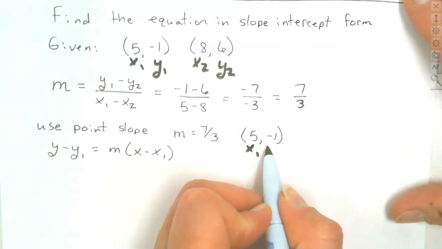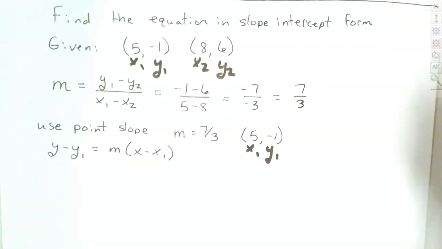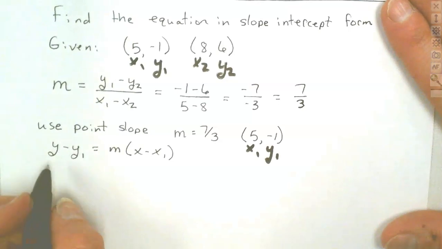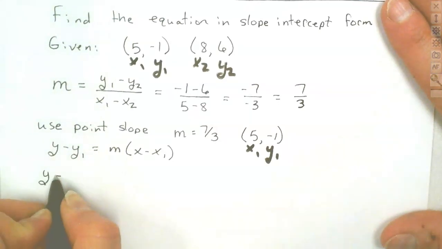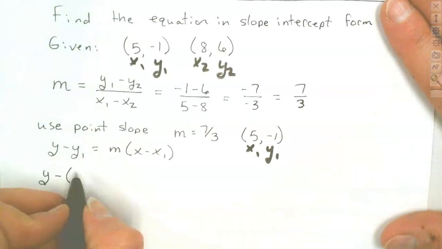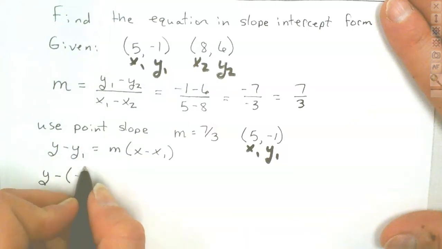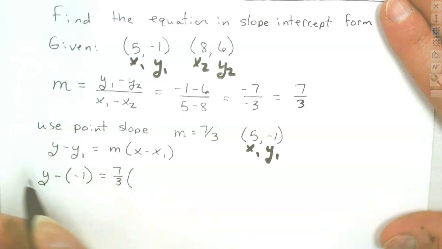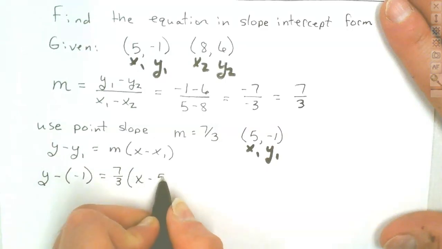Label again, x1, y1. Plug in our values. And that's y minus, watch out for that double negative, so y minus minus 1 equals 7/3 times x minus 5.